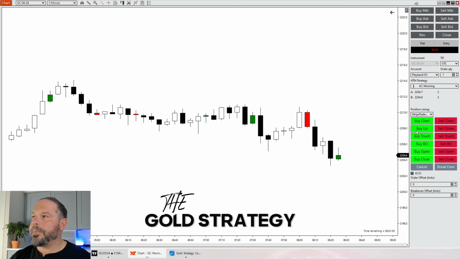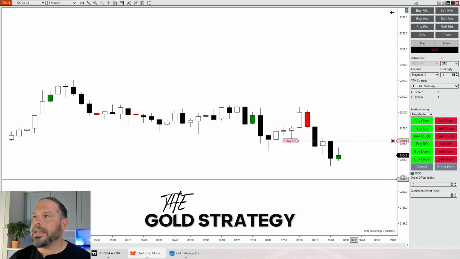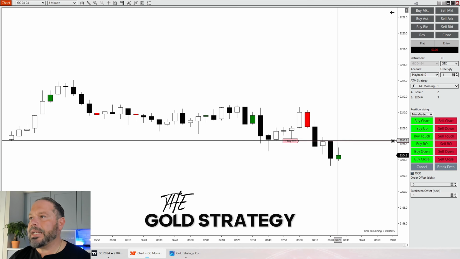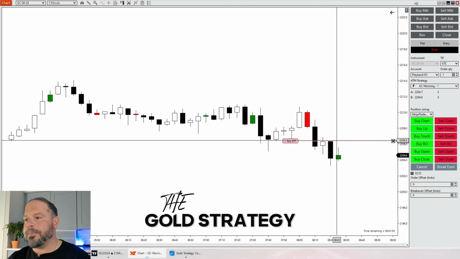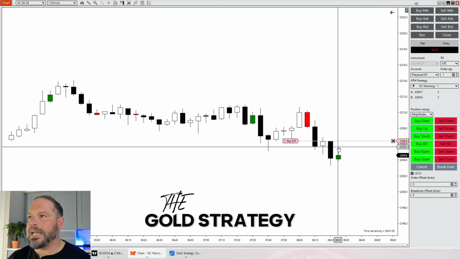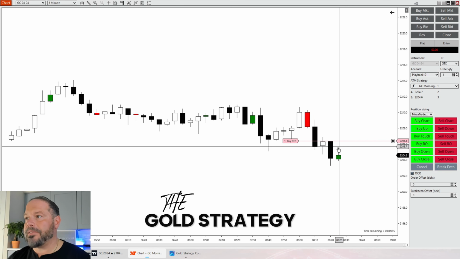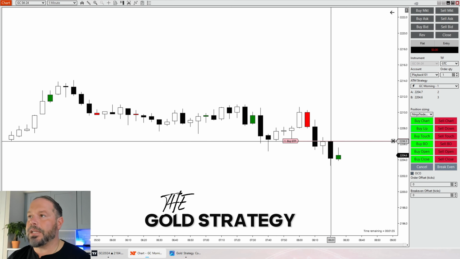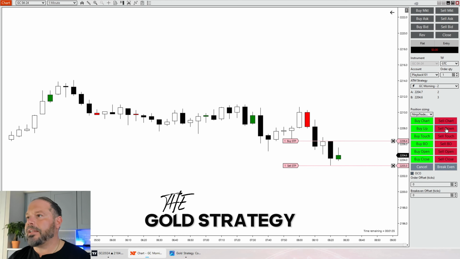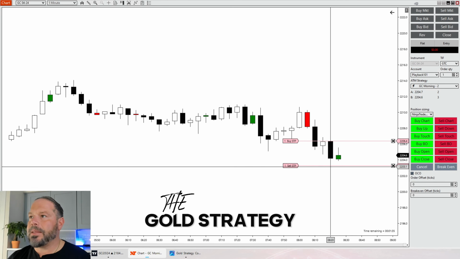There's also another button that I use a lot, which is buy up. If I click on that, it'll automatically put it at the top of the current candle. Okay, not the one that's open, the one that is currently closed. And if I do sell down, you'll see that it goes at the bottom.